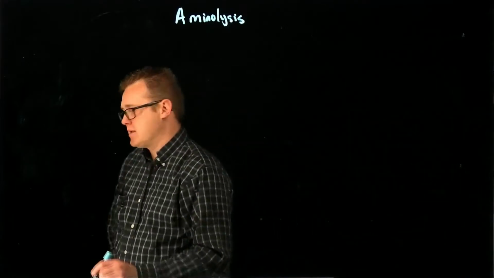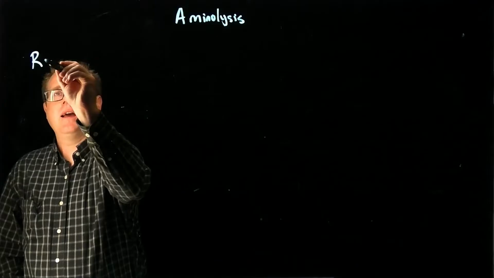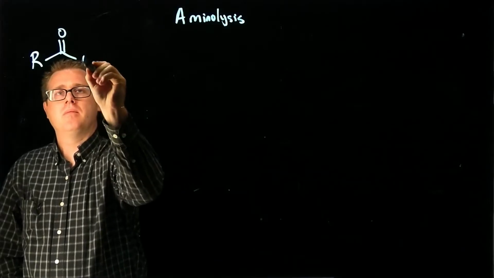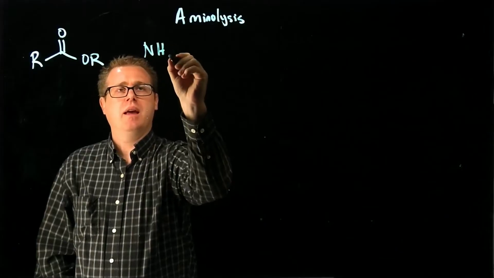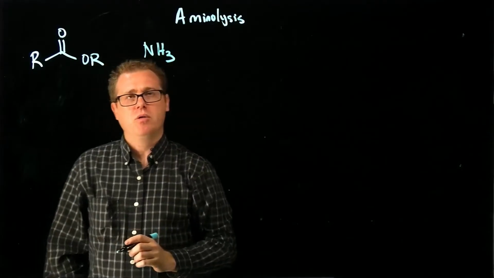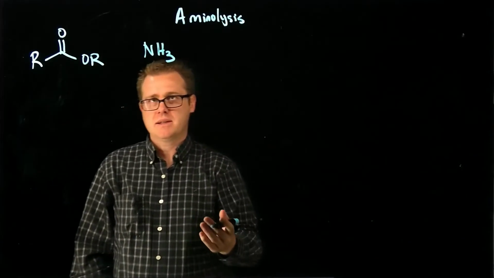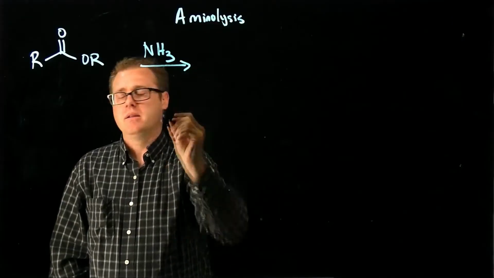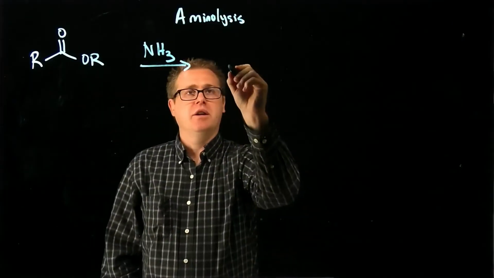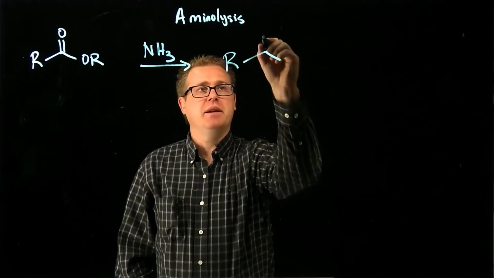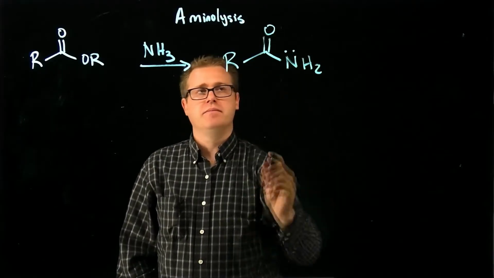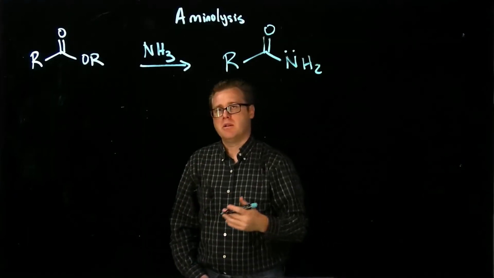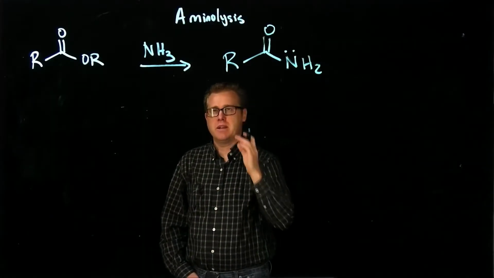Aminolysis is when you take an ester and you treat it with ammonia, a primary amine or a secondary amine, and you generate the amide. That's aminolysis. That's the overall transformation.